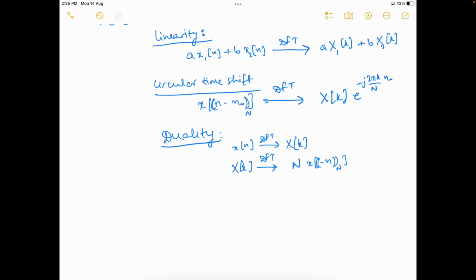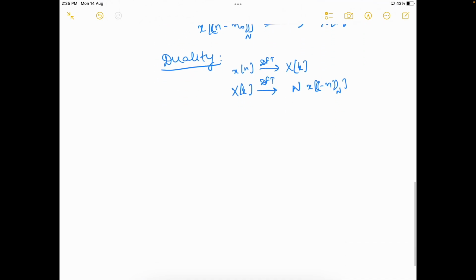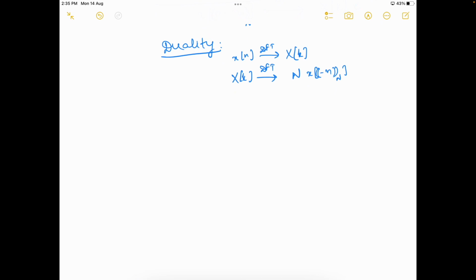Actually, I don't need to write this modulo thing because it is implicit, but still I am writing it explicitly so that you don't make any mistakes. Which means if you want to find x[n], you reverse the X[k] and divide it by capital N, and then you will get x[n] back. Right? You can derive it very easily, right?